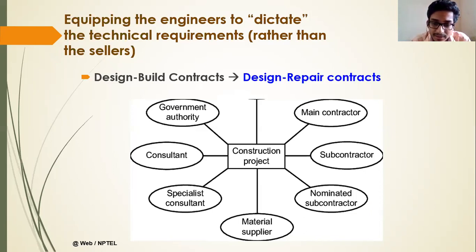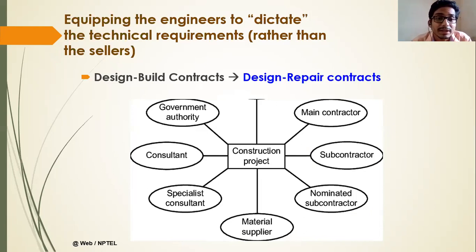Then the material supplier, contractor, subcontractor, and the main contractors. These are all the stakeholders, and one person or one authority of any company or construction project should take the responsibility to maintain proper communication with all the stakeholders and all the departments, to maintain smooth construction work or repair work.